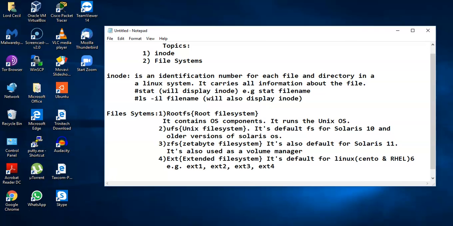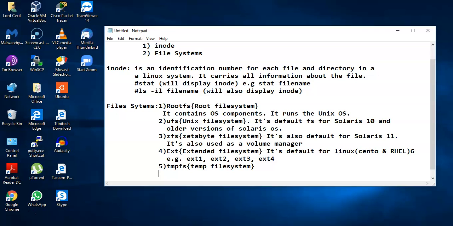Let's keep going. The fifth one, tmpfs, the temp file system. And the sixth one is swapfs, the swap file system.